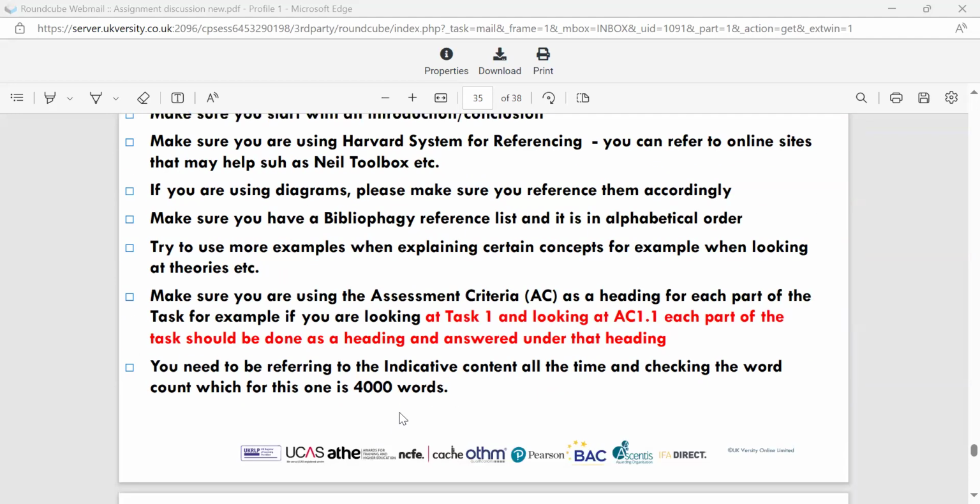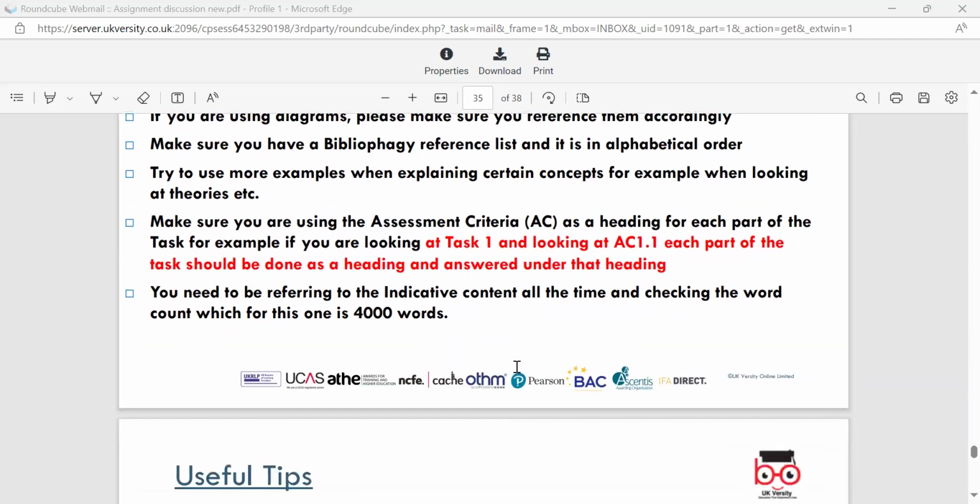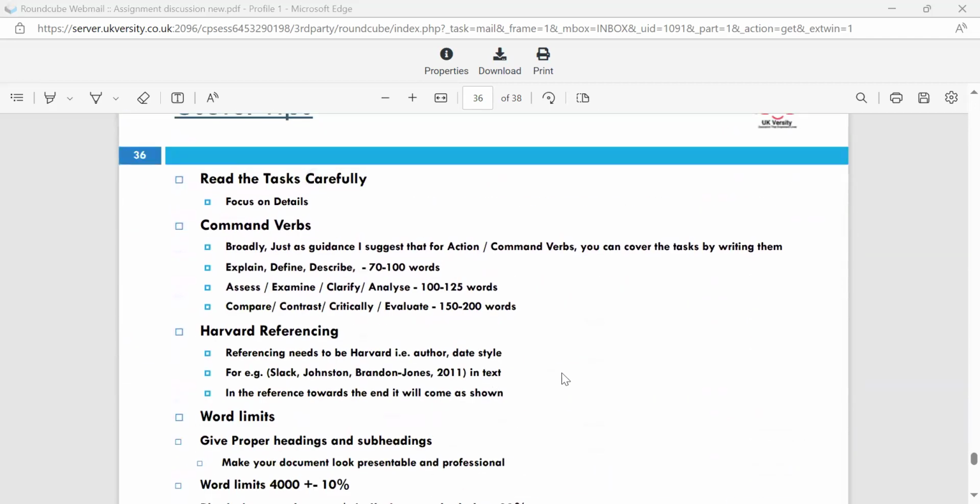You need to be referring to the indicative content all the time and checking your word count, which for this assignment is 4,000 words, so 1,000 words for each task. Useful tips: read the task carefully. Focus on what the tasks are asking you rather than moving away from what you think you should be answering.